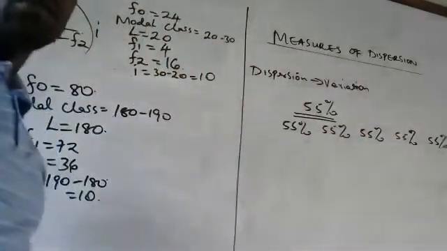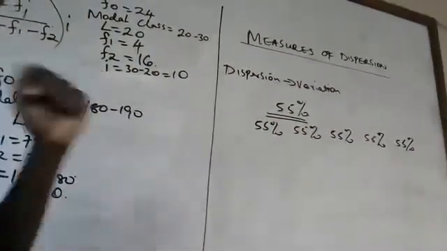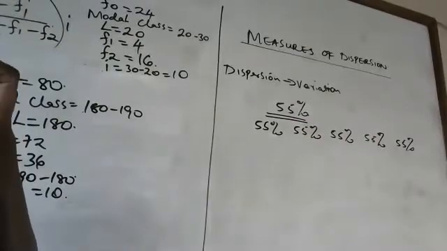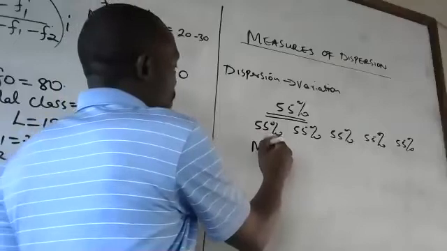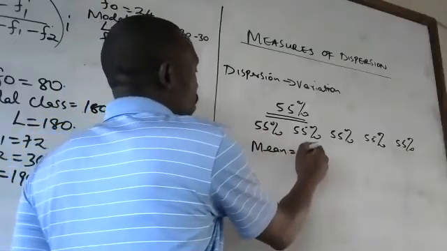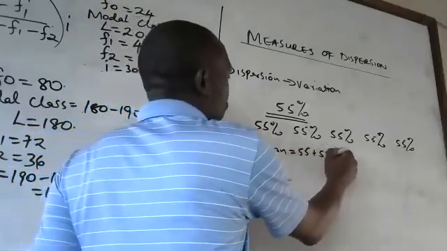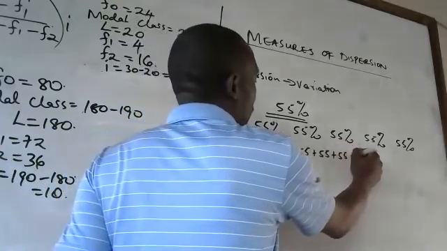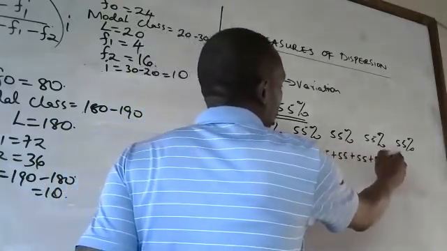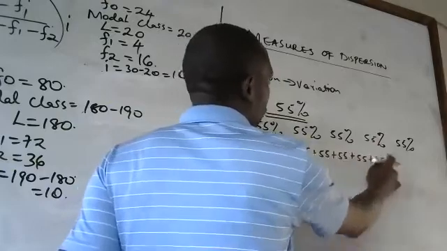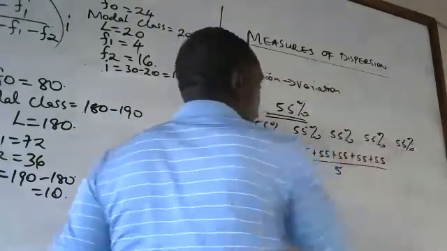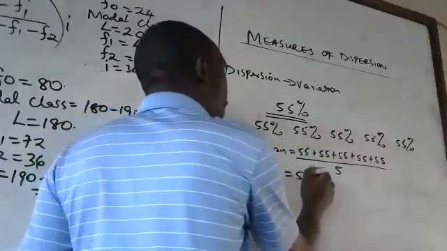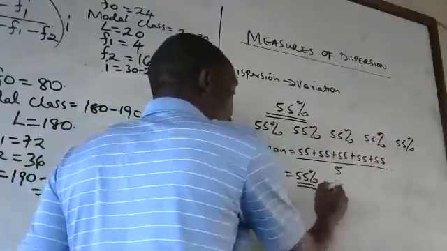If all of them scored 55% like that, then remember the mean now is going to be 55 plus 55 plus 55, 1, 2, 3, 4, 5. We add and then we divide by 5, and actually we find that this will be 55%.